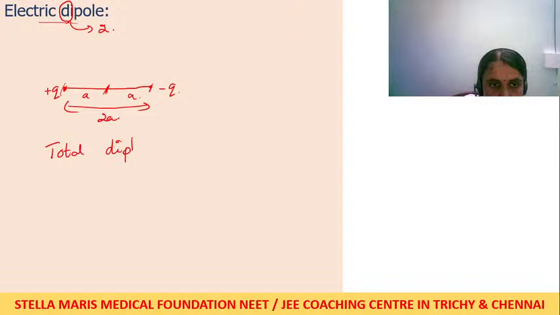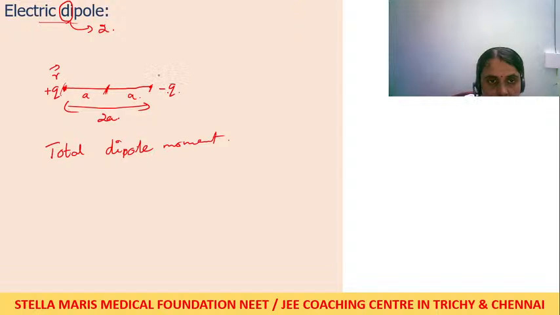Consider that this is plus Q and this is minus Q, separated by a distance of 2a. Consider that both charges have the unit vector r.